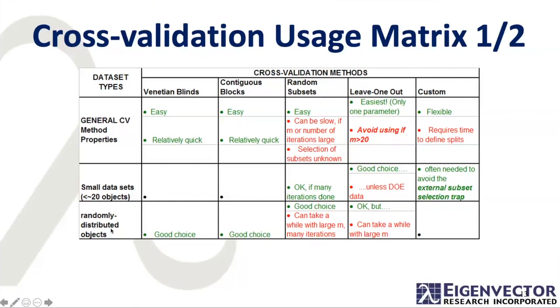With randomly distributed objects, Venetian blinds and contiguous will both work fine. Random subsets would be good. It can take a long time. Leave one out, okay, but can take a while with large M, but generally you only want to use that if it's small data sets.